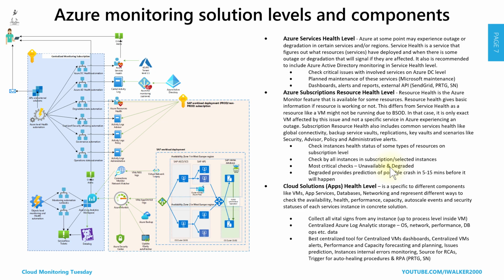Maybe we lost two of the disks, and only one copy is left. Maybe this copy will be disconnected soon too. In my experience, if you see a degraded virtual machine, typically in 5-15 minutes it will crash.